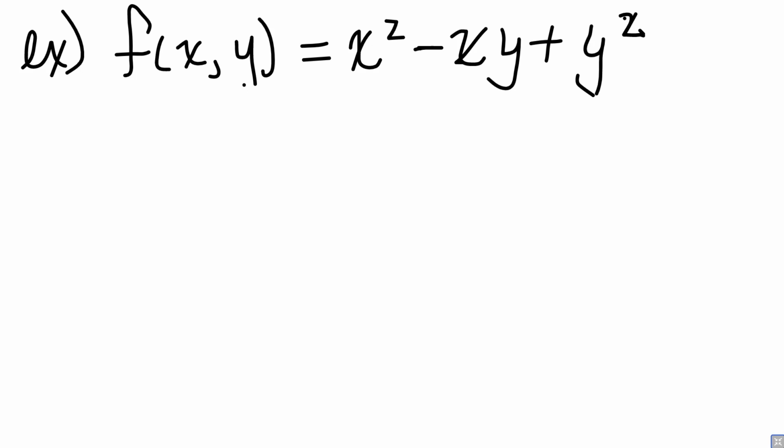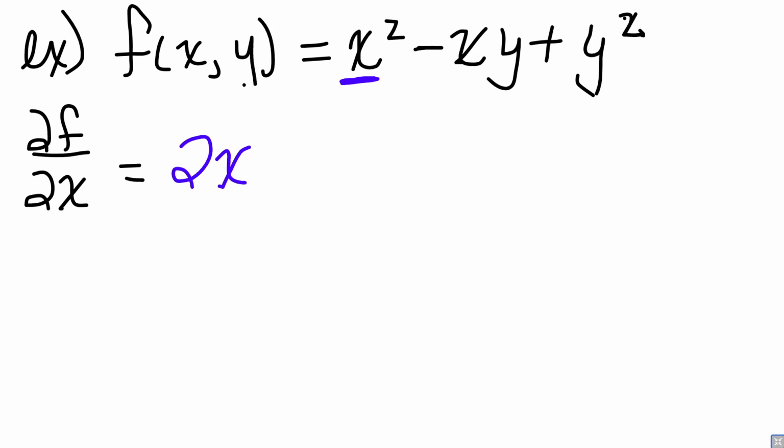The first thing we're going to do is find the partial of f in respect to x. What this is telling us is that we're going to take the derivative in respect to x, and any other variable is treated as a constant. If I take the partial of f in respect to x of the first term, I'm going to end up with 2x.